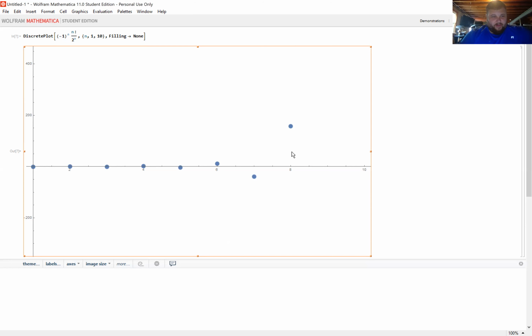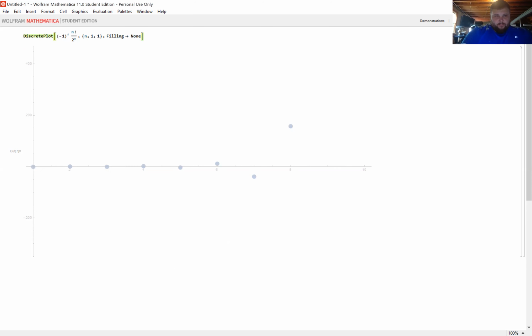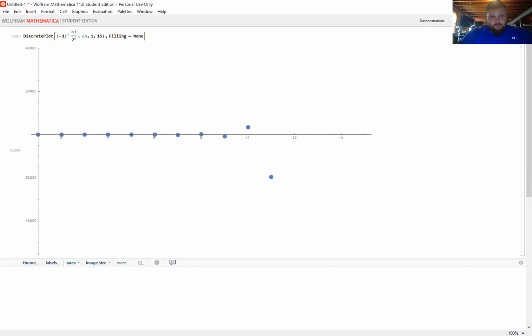And then the 8th point is at 200. And then the 9th and 10th points are off my scale already. Let's see if I go to maybe 15. It does. So now it gives me my 10th and 11th points.